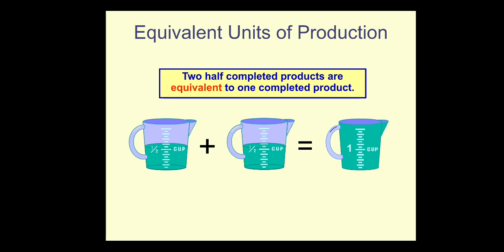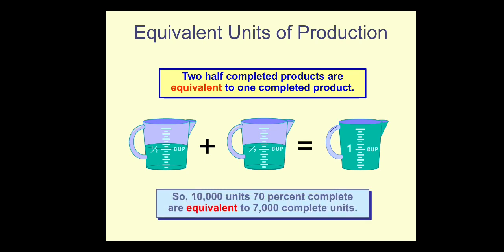I hope you can get the idea. So see the yellow blocks there, two half completed products are equivalent to one completed product. So 10,000 units of 70% complete equal 7,000 complete units. This is very easy to understand. There is an example for this in the next slide, so you will get the idea.